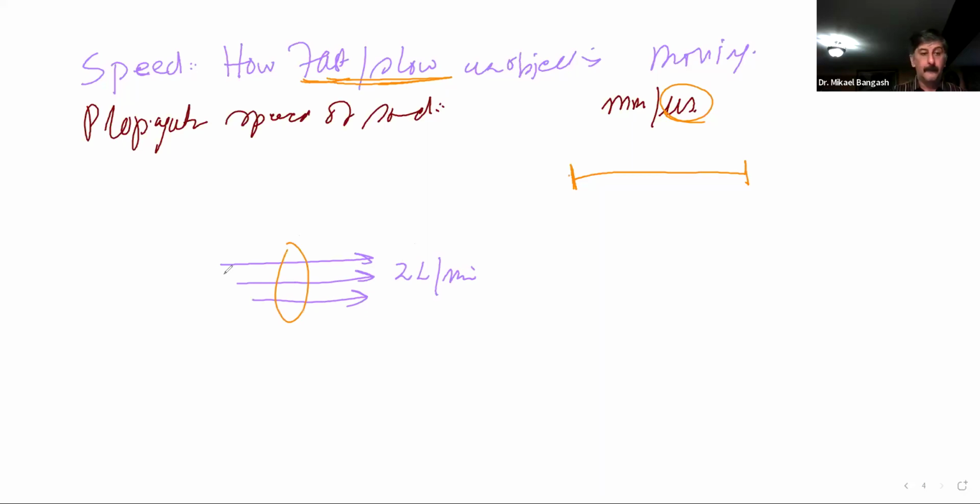But what will determine whether this blood is flowing fast or slow is going to be documented in the form of expressing or talking about the speed. Did you guys get that?